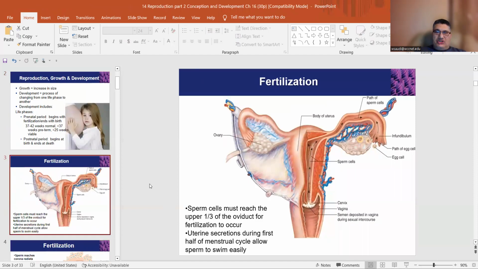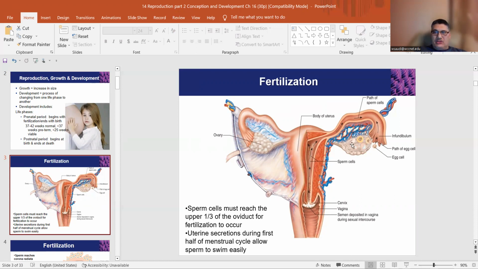So here is fertilization, and how does it happen? I talked about this before, but let's refresh our information. Remember that every month there will be follicles inside the ovary of females. These follicles are going to grow under the effect of FSH, follicle stimulating hormone.